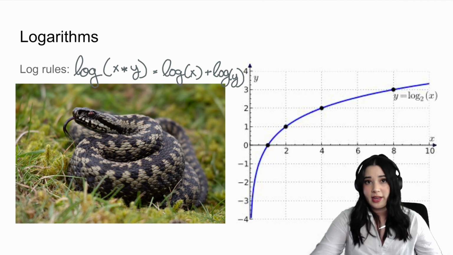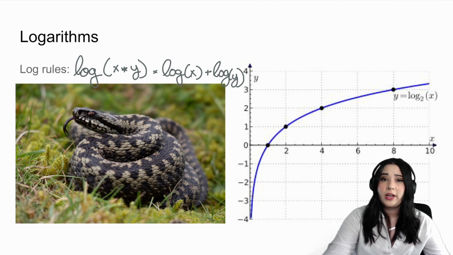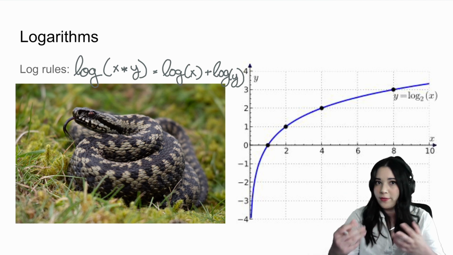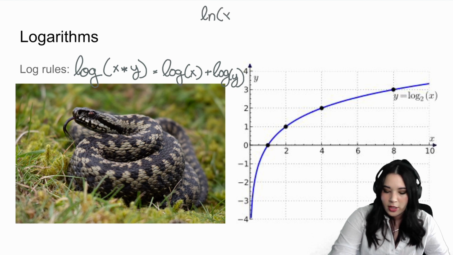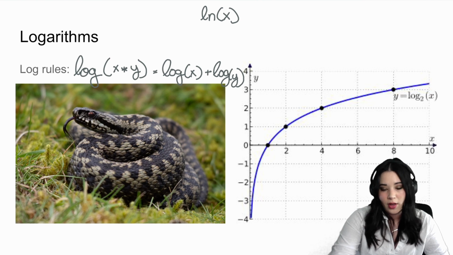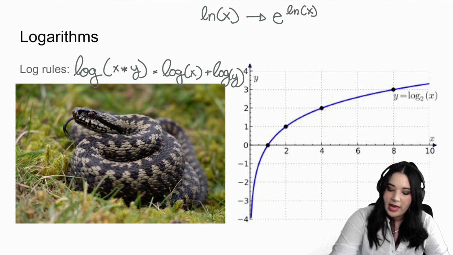So one last thing I want you to know about logarithms. Remember when I said that logarithms are just the opposite of exponents. So if we want to undo a logarithm, we just take the base to the power of that logarithm. So for instance, there's a logarithm called the natural logarithm, whose base is e. So if there's a natural log of x, if we want to undo this logarithm, we're just going to say the base e to the power of the logarithm, ln of x, and that equals x.